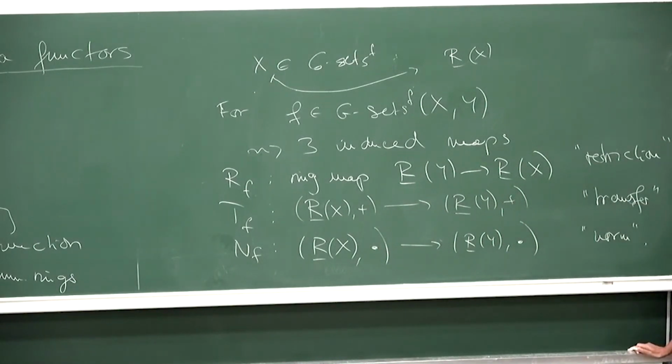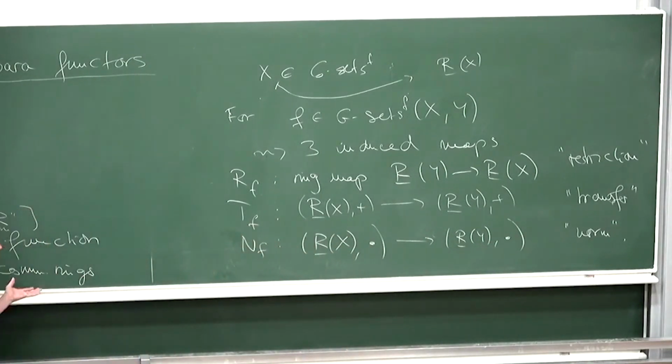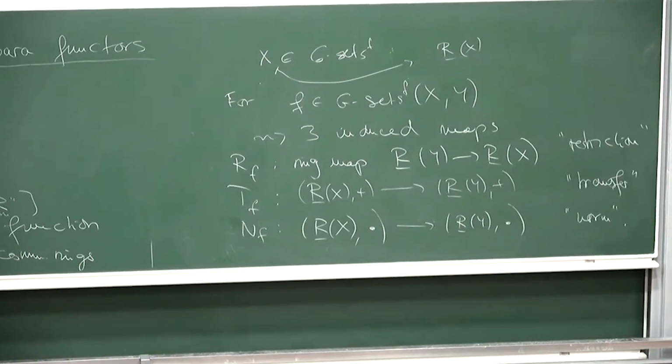Right. So, of course, there's a different way of saying this. Well, if you have the identity map, it shouldn't do anything. And then you could also just say that R gives a contravariant functor, whereas T and N give covariant functors. So that's maybe a shorter way of packaging this.